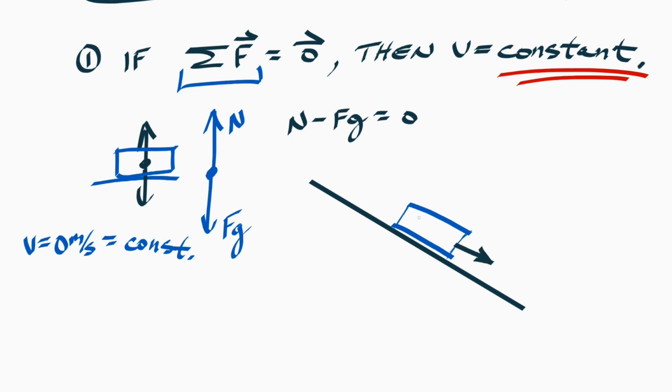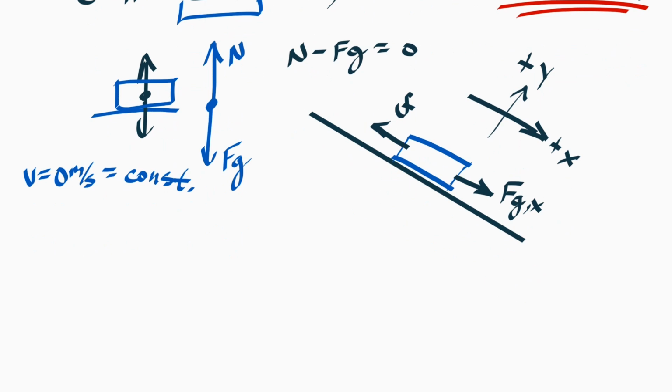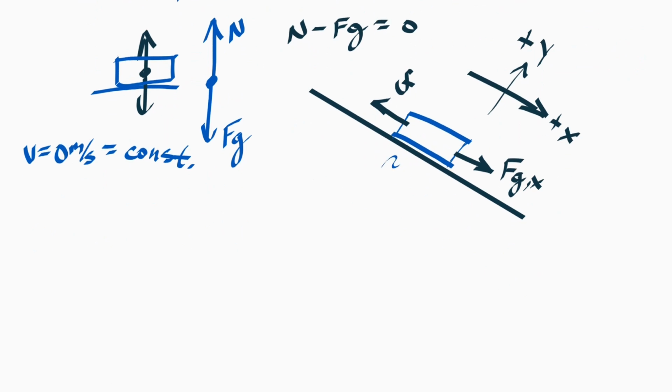I'm not going to draw the full force diagram here. This is some component of Fg. This is Fgx, this is our y direction, and this is our x direction. Our positive y is perpendicular to the ramp, our positive x is down the ramp. Fgx pulls it down the ramp. And let's say that there's some friction force. For the sake of argument, let's say that Fgx is equal to F.